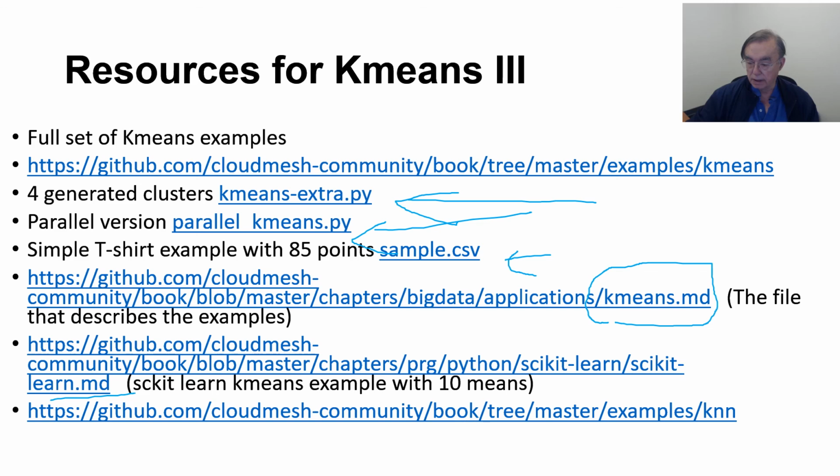And here is the KNN material, which is in the third part of this lecture sequence. KNN is related to clustering, but we describe it separately in the third part of this unit. Thank you very much.